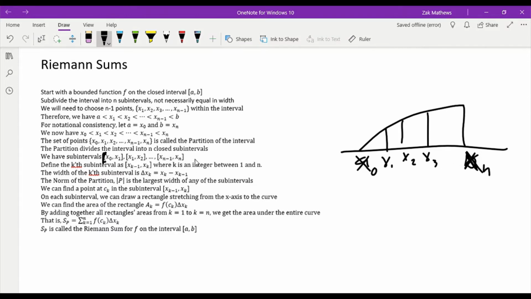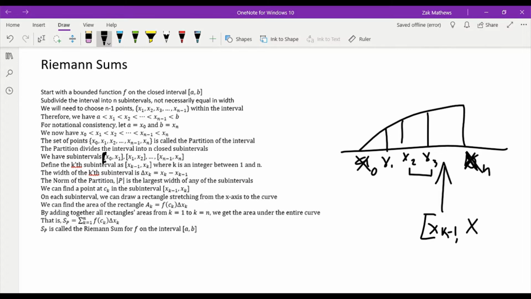However many we have, somewhere in here we're going to have the kth interval. It could be whichever one, right? It could be x2 to x3, it could be x3 to x4. So somewhere in here we have a subinterval x_(k-1) to x_k.